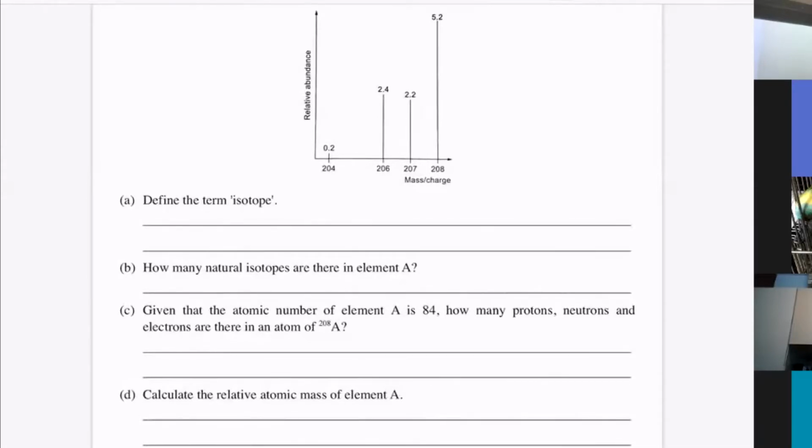When you finish, can you let me know? Type an OK in the chat box.